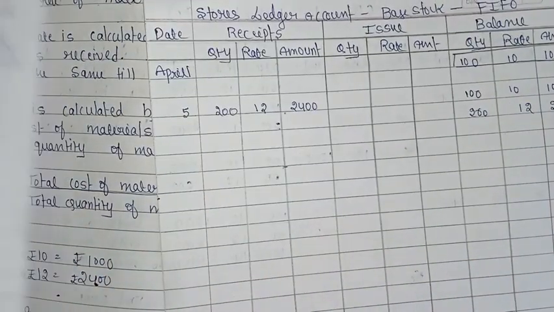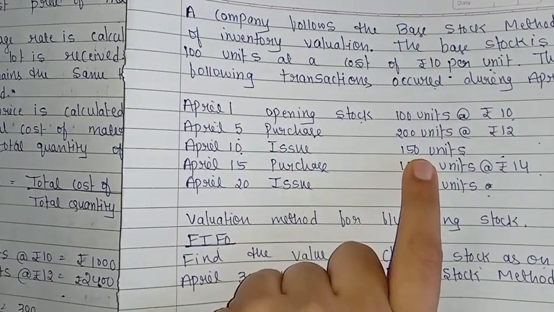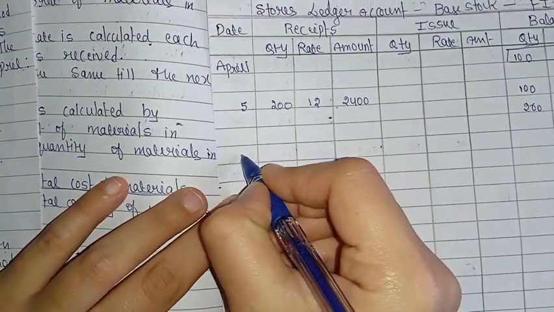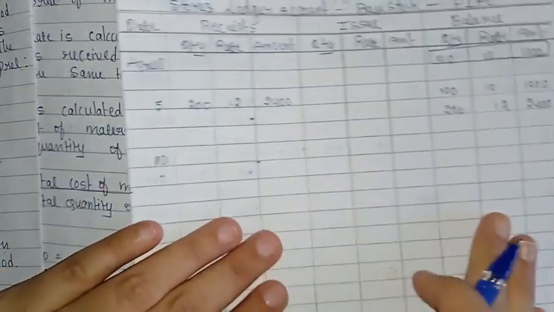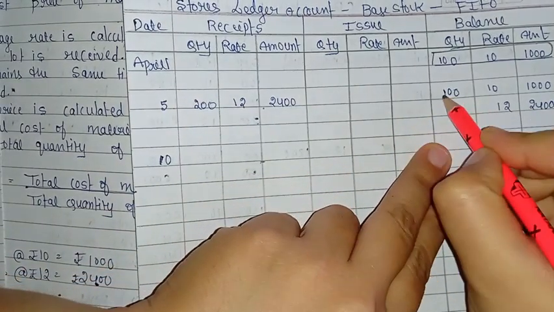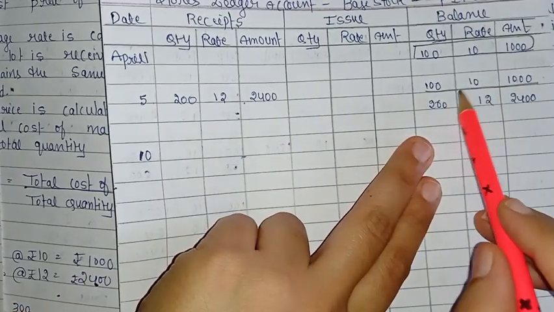Next, on April 10th there is an issue of 150 units. So go to the issue column, and see, this is our base stock. So we should not issue anything from this.